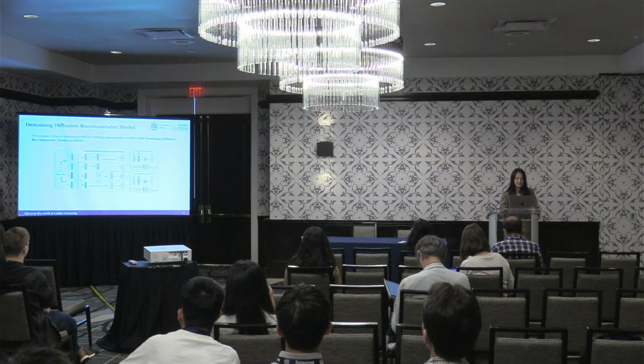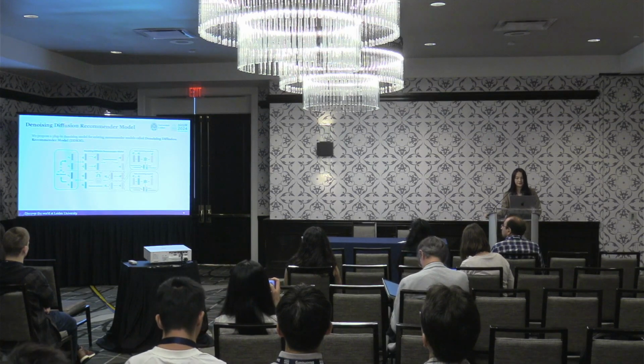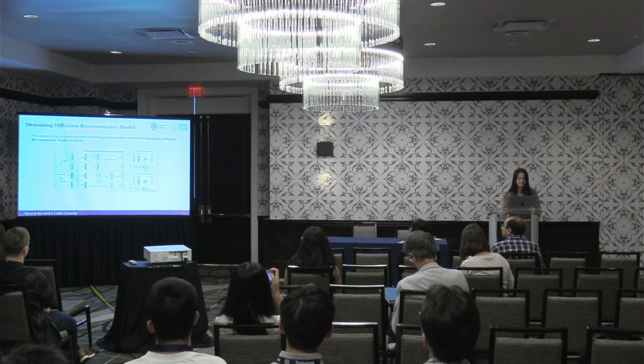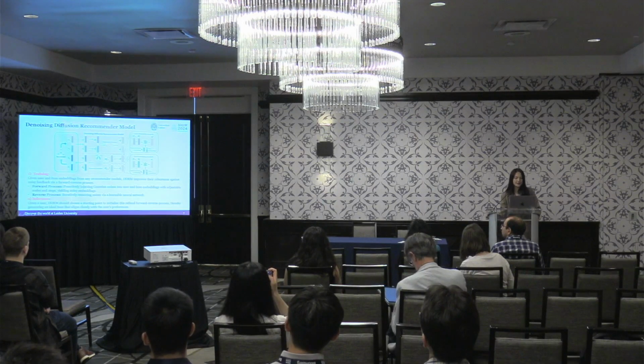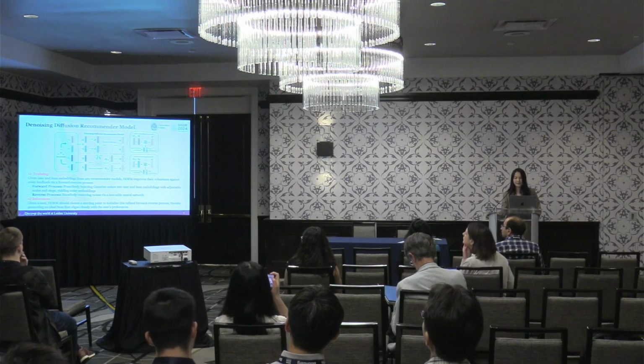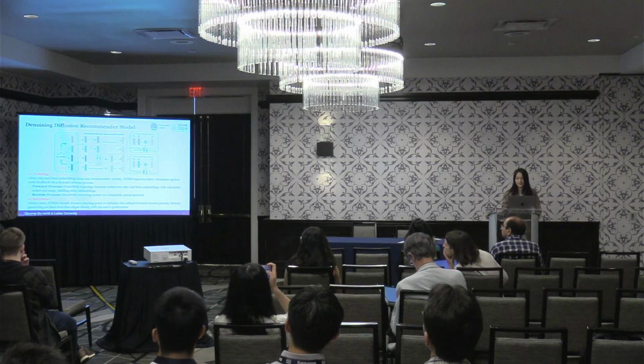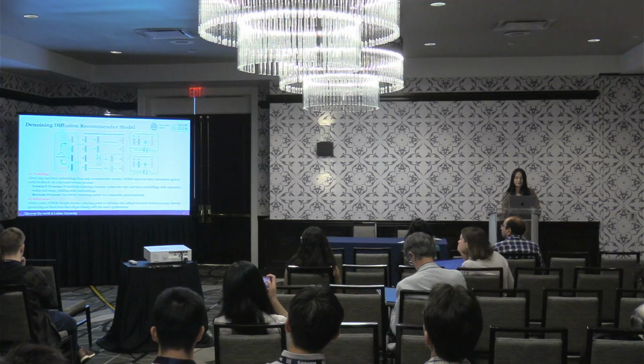To this end, we propose a plug-in diffusion model for denoising existing recommender models, called the Denoising Diffusion Recommender Model, which is DDRM. This is a brief framework of DDRM. In the training stage, given the user and item embeddings from any recommender model, DDRM improves their robustness against noisy feedback via a forward-reverse process.